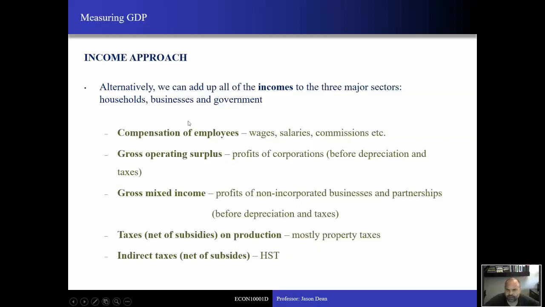We need to look at the incomes to households, businesses, and then also the government, okay? The government takes in sales tax, so we want to add that as well. But we also have this term here, net of subsidy. What does that mean? Well, the government most of the time taxes, but for certain situations, maybe there's a certain firm that's producing a healthy product and they want to subsidize them.